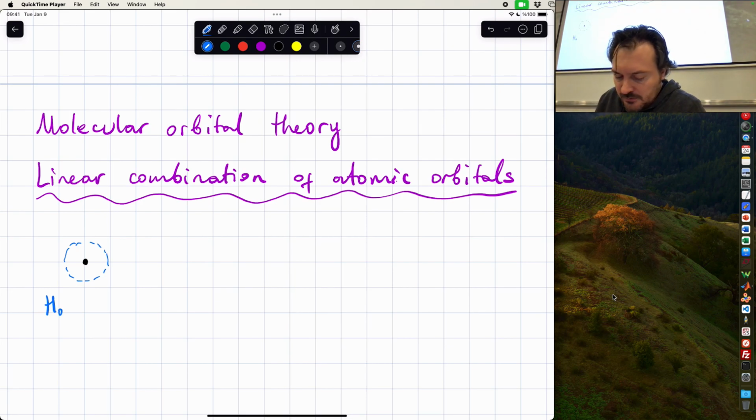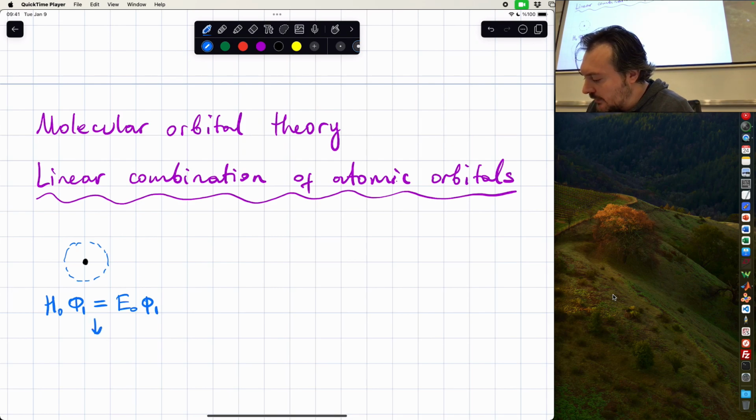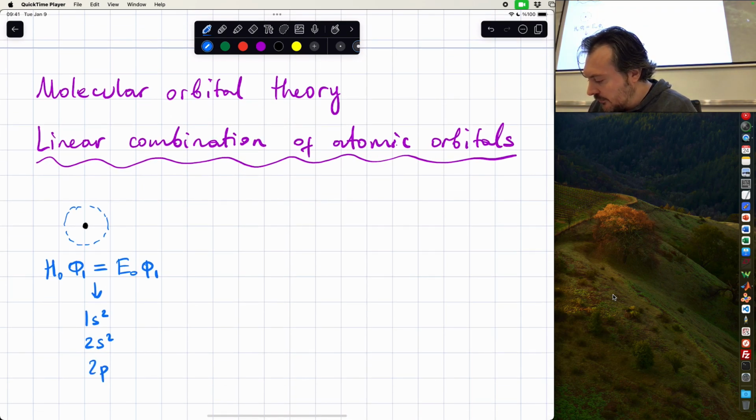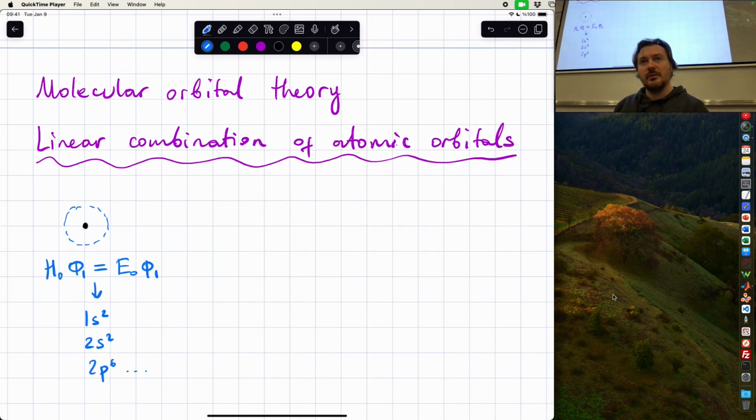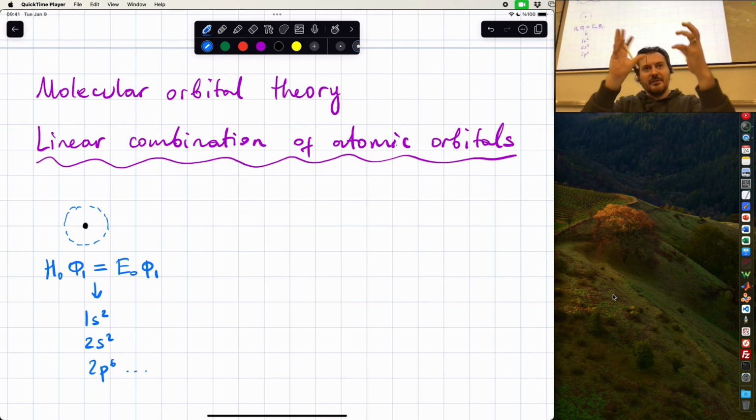That Hamiltonian basically describes how this electron interacts with that nucleus. We have solved this in a computer, and we got ourselves these orbitals, right? Do you remember that? At least in the computer we have seen them.